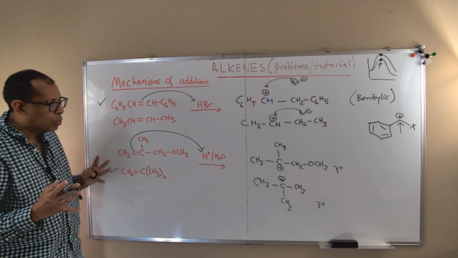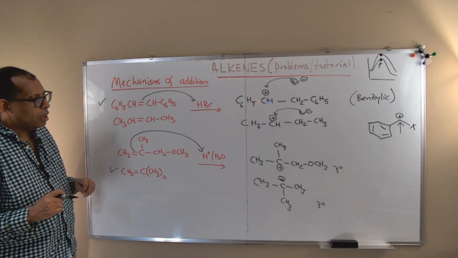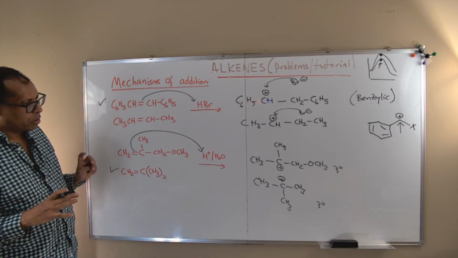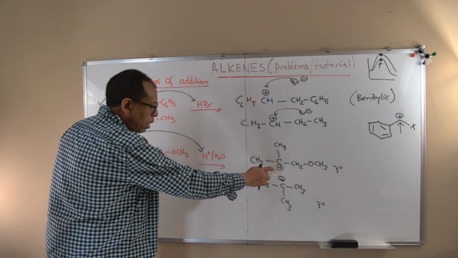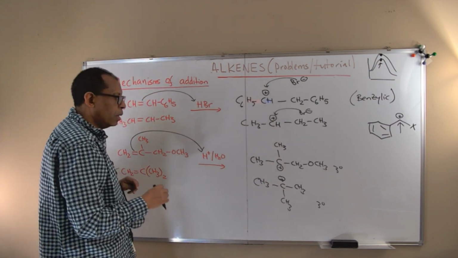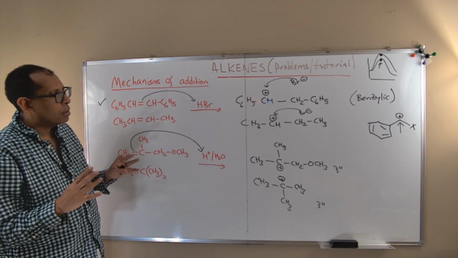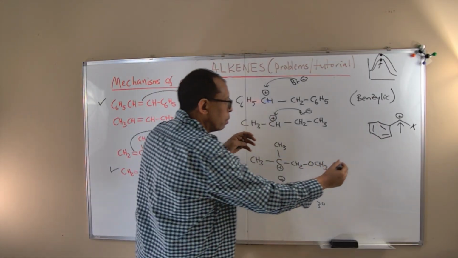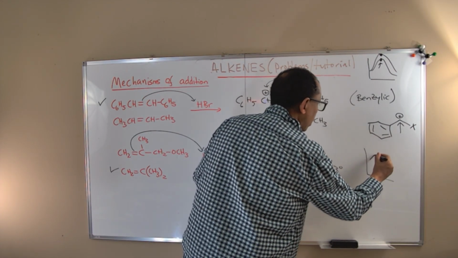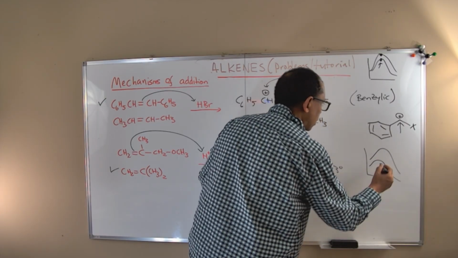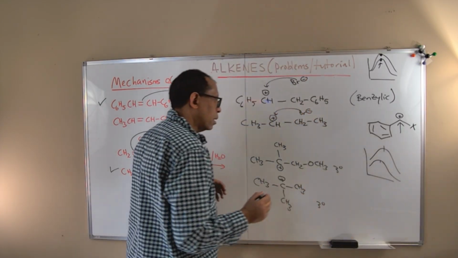So which one forms faster? When you look at this, for the hydration to come and attack here with the OH, what first determines the rate is the rate determining step, where the carbocation forms like this. So one forms faster than the other.